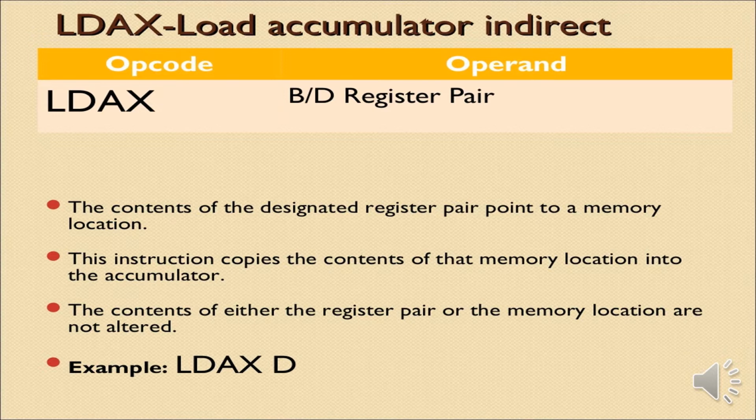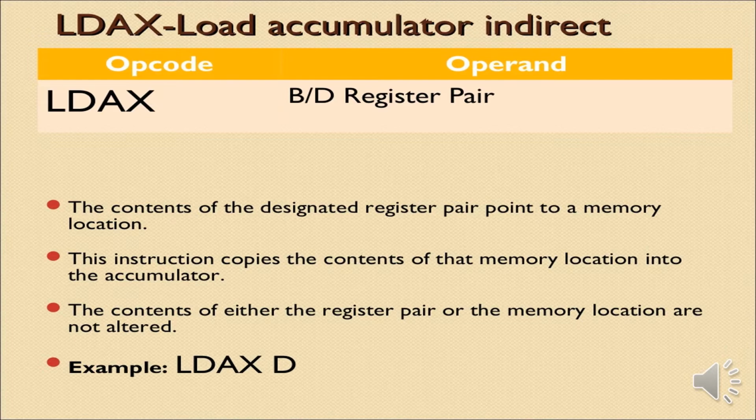But here the 2000 memory address is loaded into the BC register or DE register, and the register pair stores the address of the content. The content data is copied into the accumulator indirectly by the LDAX instruction. The contents of the register pair and the memory location are not altered.